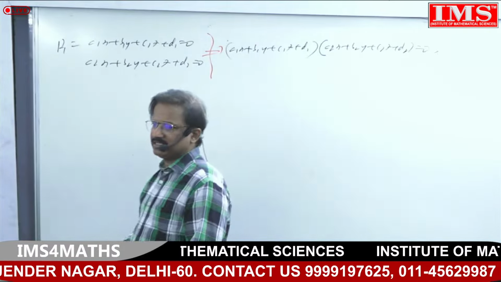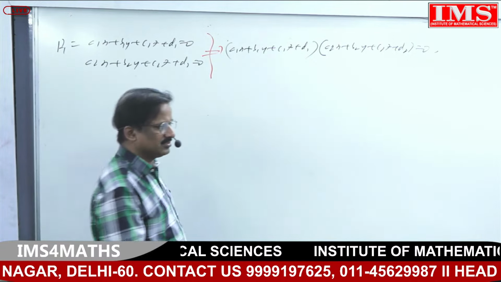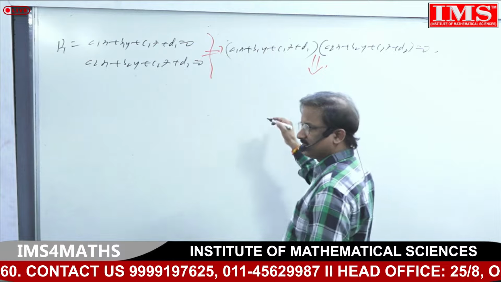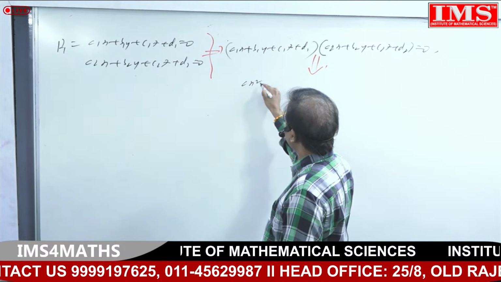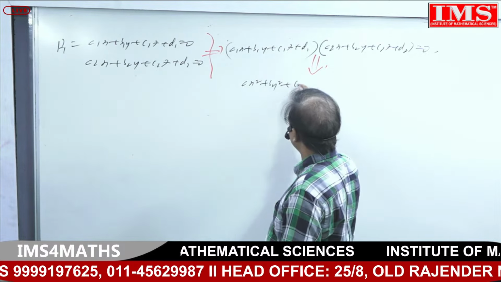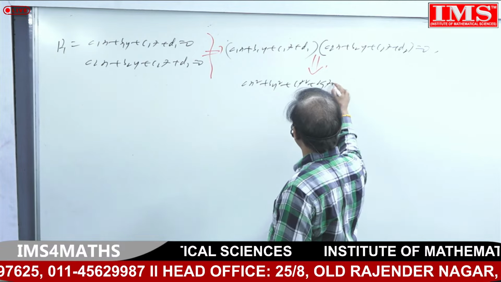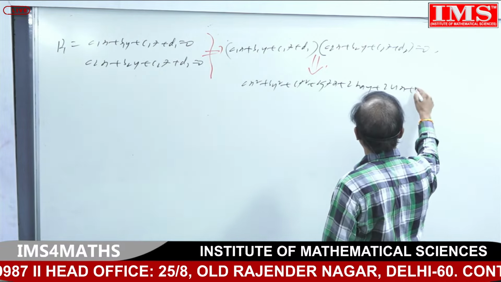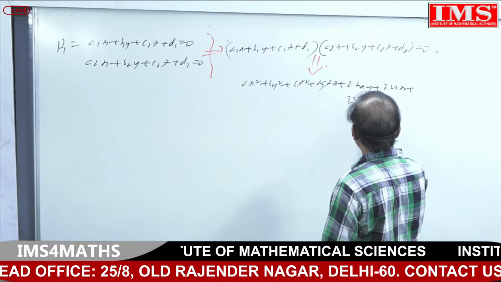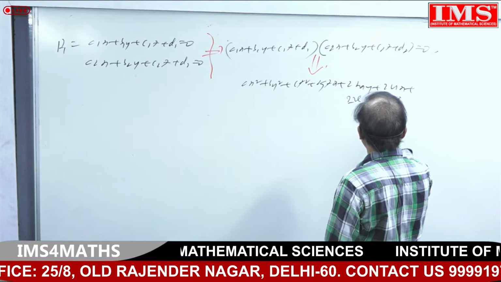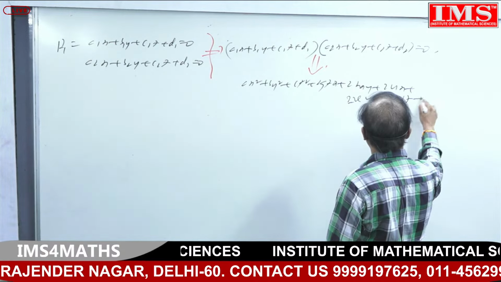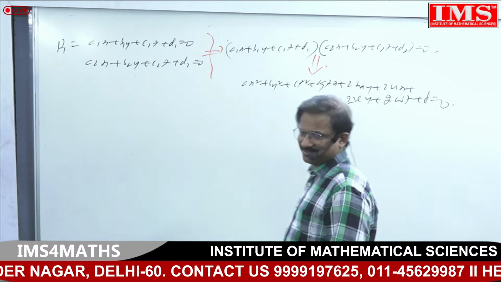From this equation I can get ax square plus by square plus cz square plus 2fyz plus 2gzx plus 2hxy plus 2ux plus 2vy plus 2wz plus d is equal to 0.